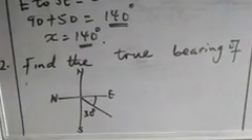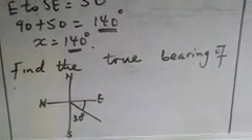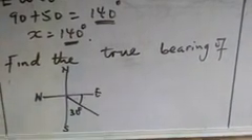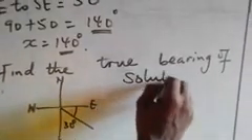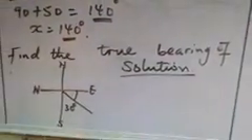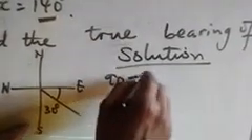Okay, example 2. We have to find the true bearing of this. When looking for the true bearing, I told you, you start counting from the north down. So you are not concerned with this 30. This 30 is just to put you through what you want to look for. So solution. Remember this quadrant here is 90, so you have 90 minus 30.